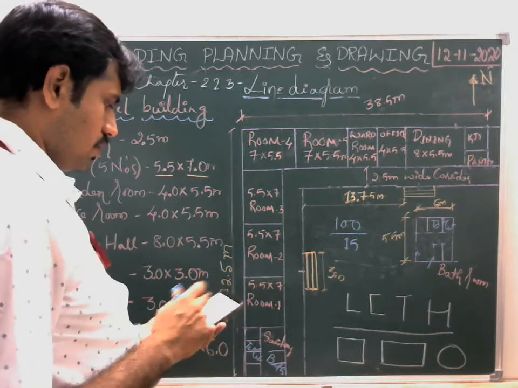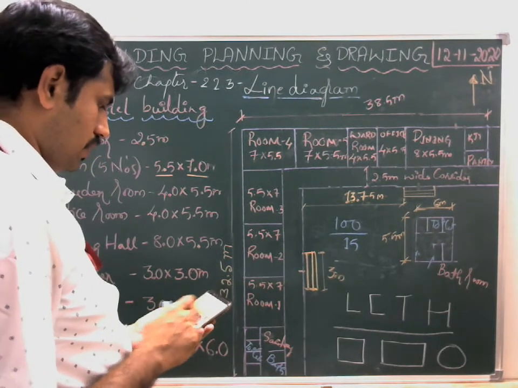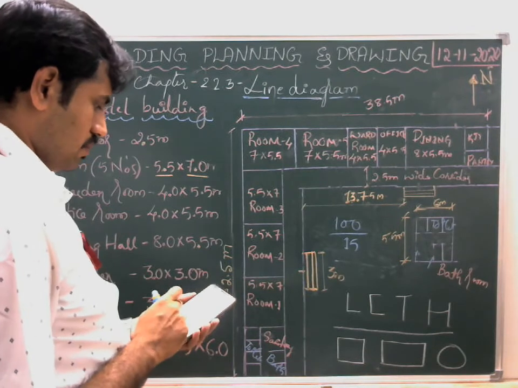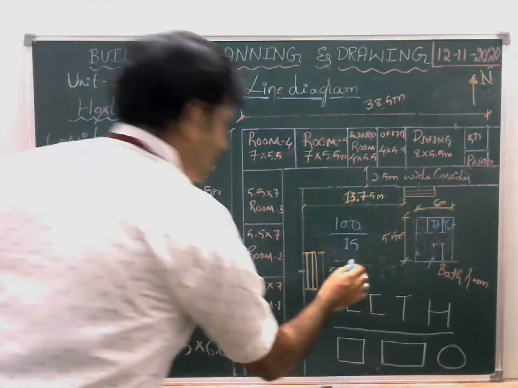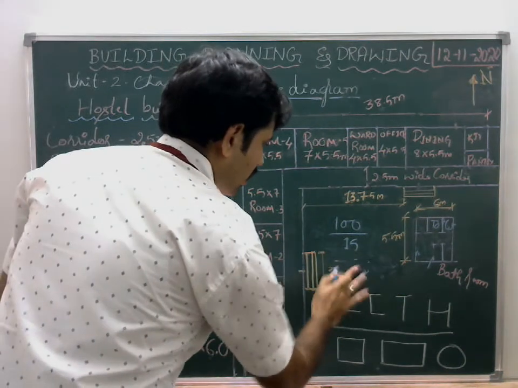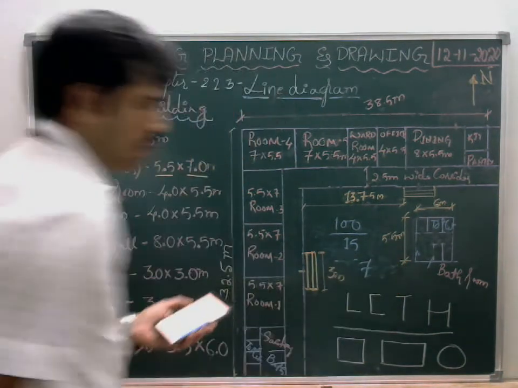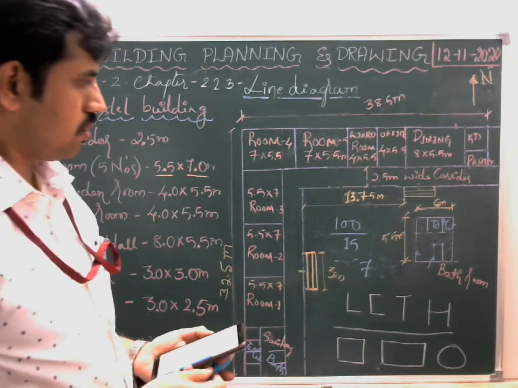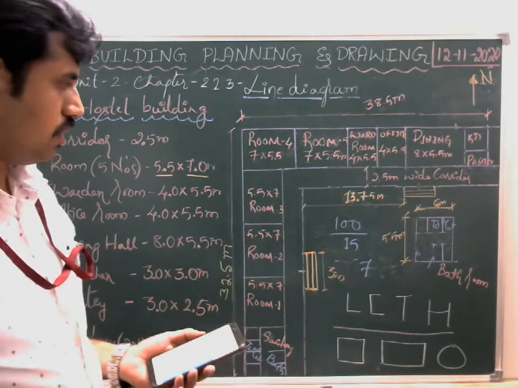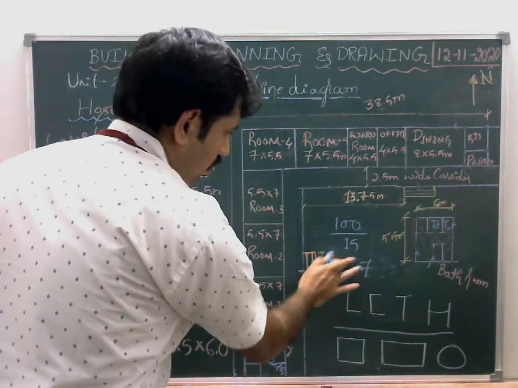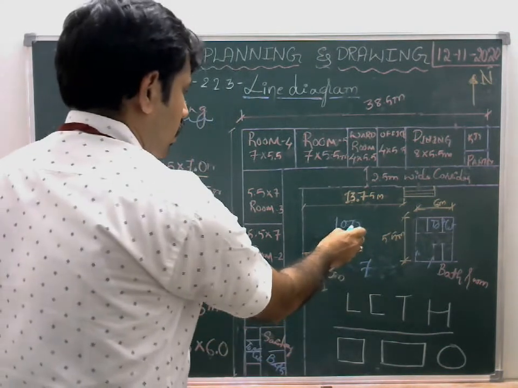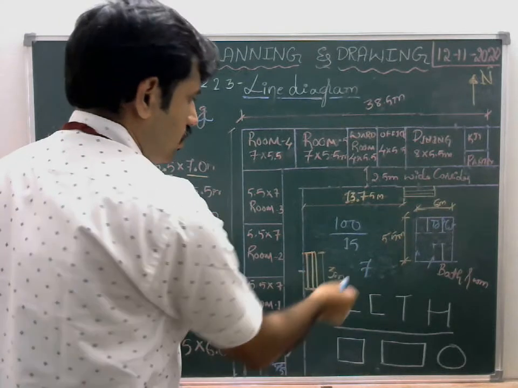Just a minute, let me calculate and I will write it there. So it comes around 6.66, so I will take this as 7.